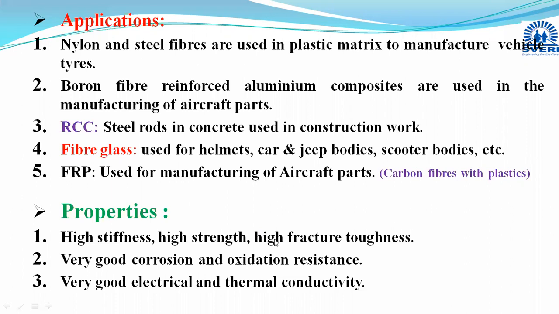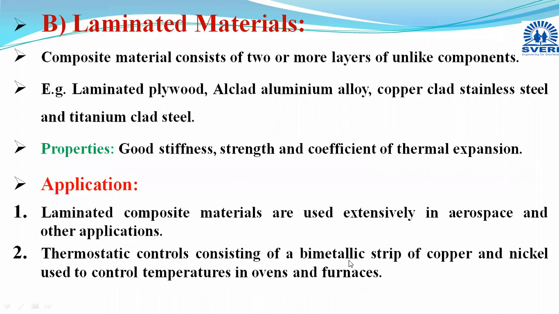After finishing the discussion of fiber reinforced material, we will move towards the second type of composite material, that is laminated materials. If you have any doubts, you can mention them in the chat box. Now, laminated materials consist of two or more layers of different materials, which I will show you in the diagram.